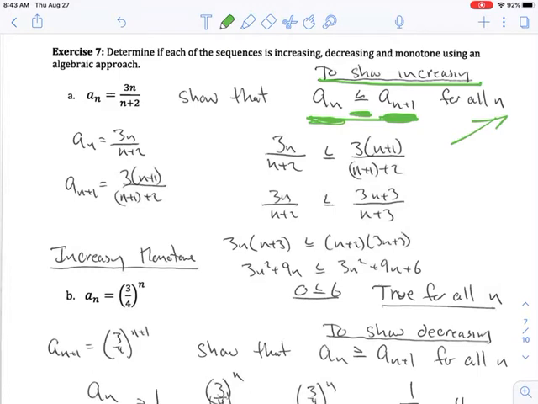And so what we do, we say, okay, here's my sequence, a sub n. What would a sub n plus 1 be? So we simply take out the n and we put in n plus 1. And so that's what I did there. Every place there was an n, I substituted in an n plus 1. And so now we want to show that a sub n is less than or equal to a sub n plus 1.